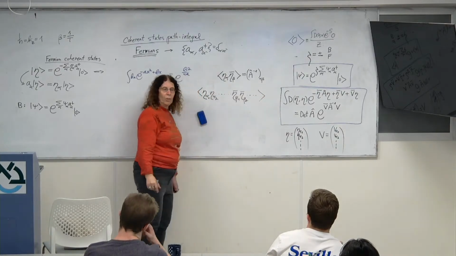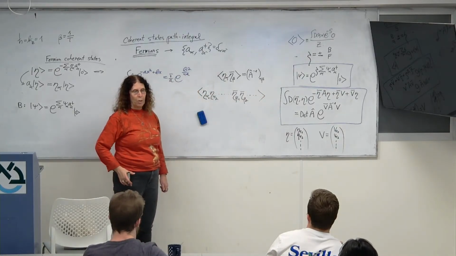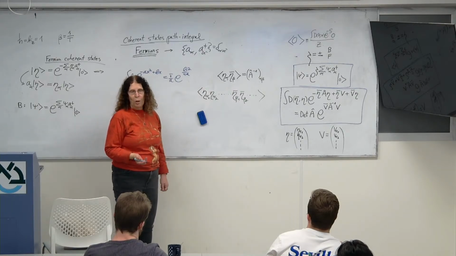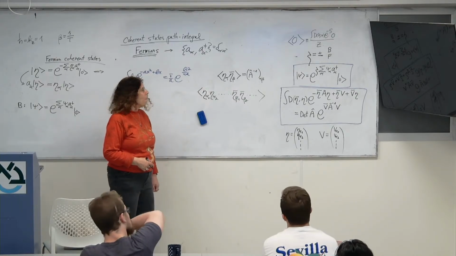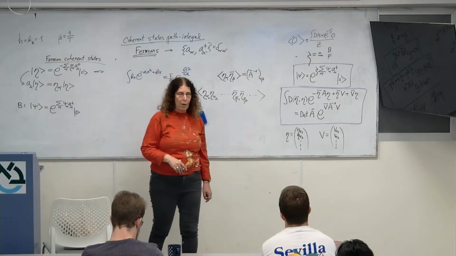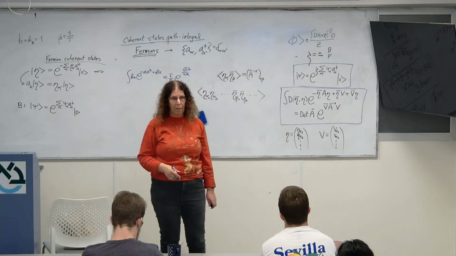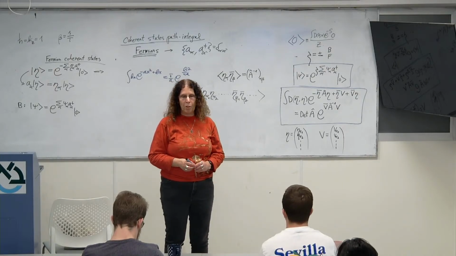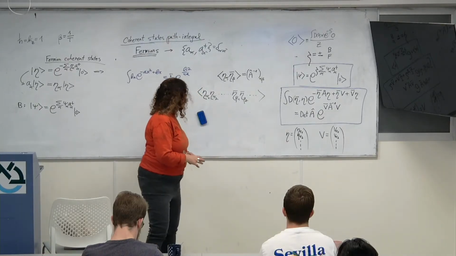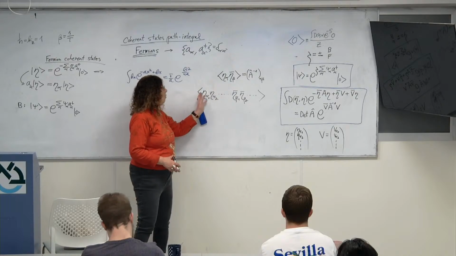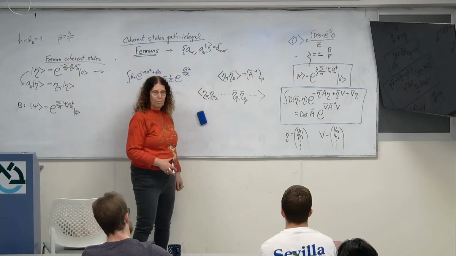Okay? What do I get when I take the expectation value? Or how do I do the calculation, actually? So, one can prove, we're not going to do it, but it's the same idea that we saw a few lectures ago. You can use Wick's theorem to decompose it into all the combinations of pairs.